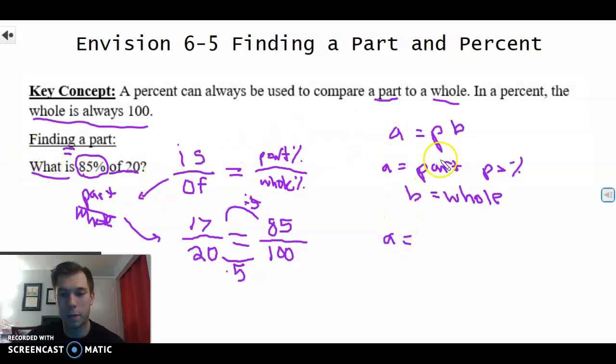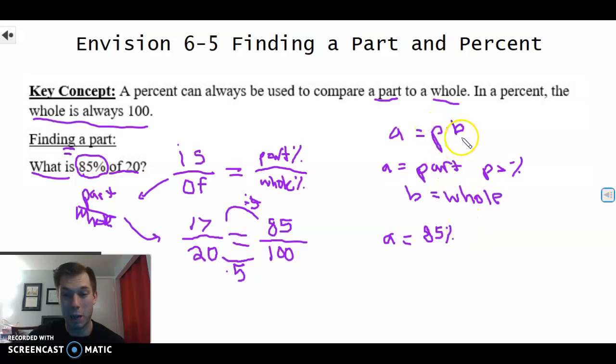So what is, then you can substitute in your percent, your 85%. I'm going to write that just like this. And recall anytime you have two variables next to each other, the operation that's in between them is a multiplication.